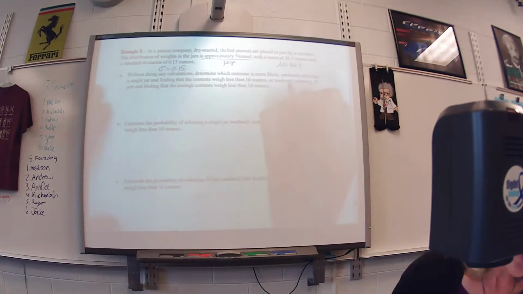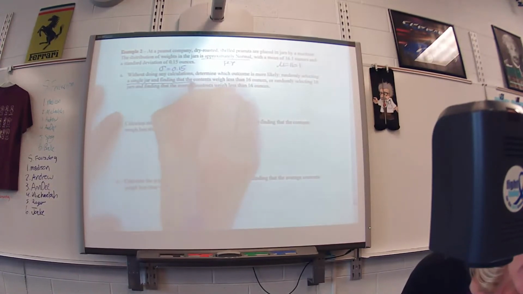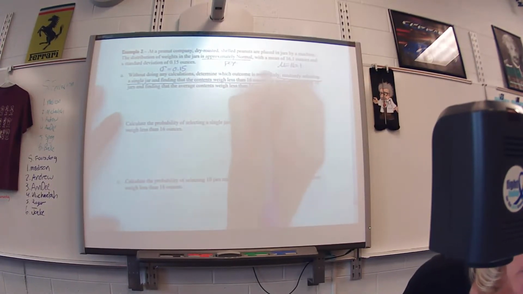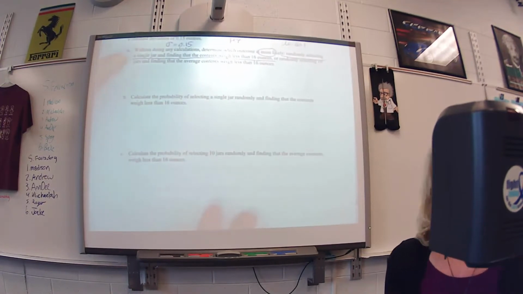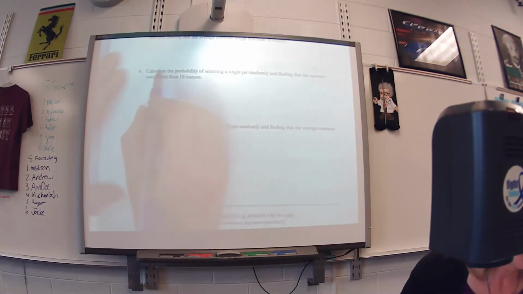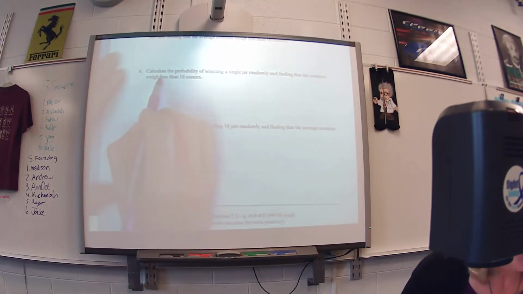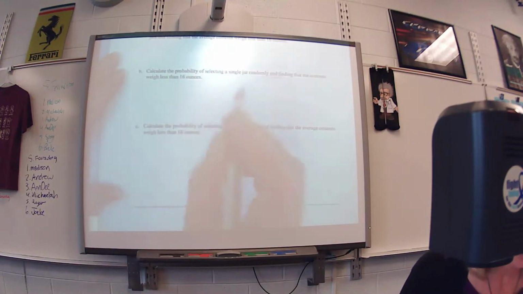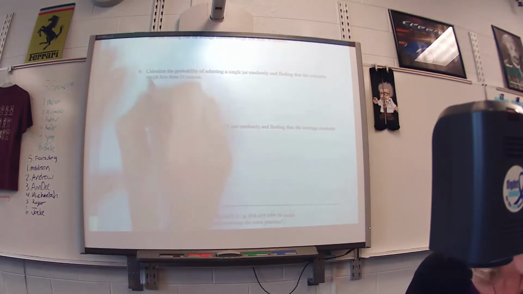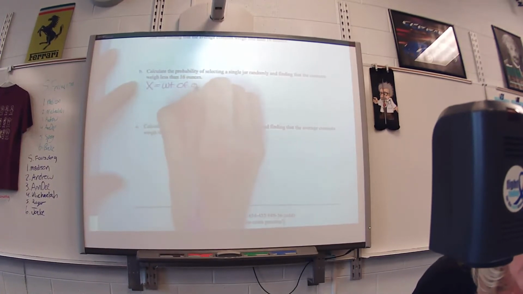All right, so we're going to say randomly selecting a single jar is more likely. So now we're going to show mathematically why that works. Calculate the probability of selecting a single jar and finding that the contents weigh less than 16 ounces. All right, so going back to random variables, I'll just say X equals the weight of one jar.